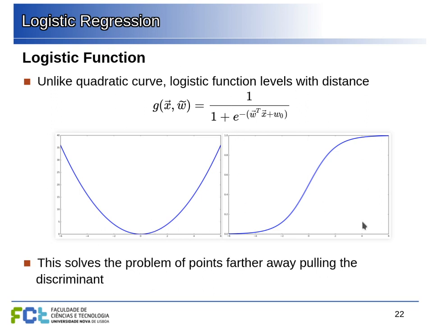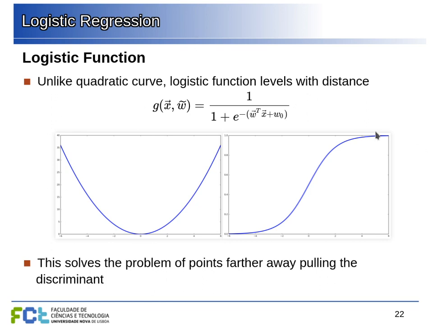The logistic function solves this because we have the 0 here. This falls down to 0 or goes up to 1, but then it levels off. So for the points that are close to the discriminant, it makes a difference if they are closer or further away, but points that are too far away on either side are not making any difference to the value of the function, because these will be 0 or very close to 0, and these will be very close to 1, no matter if they move a bit more or a bit less.